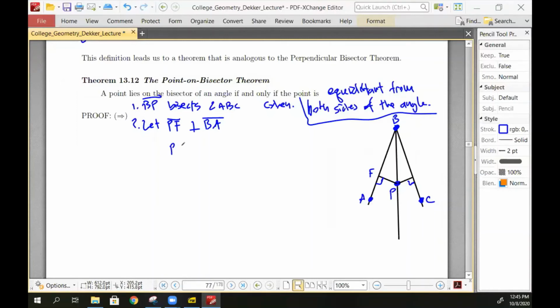And let's let PG be perpendicular to BC. So that would give us this point here. Excellent. And these are perpendicular existence theorem.